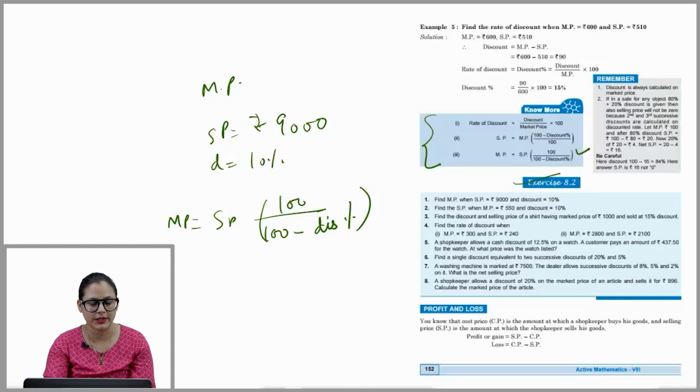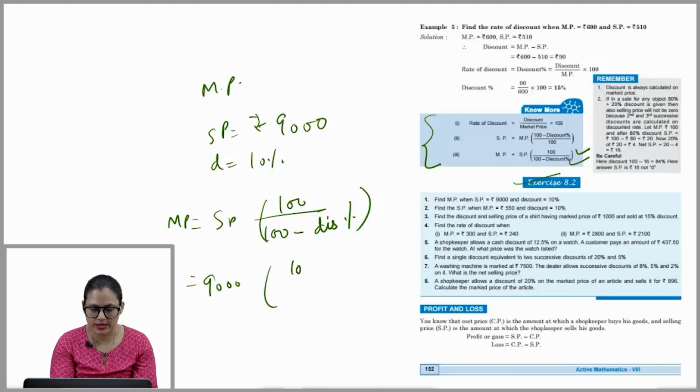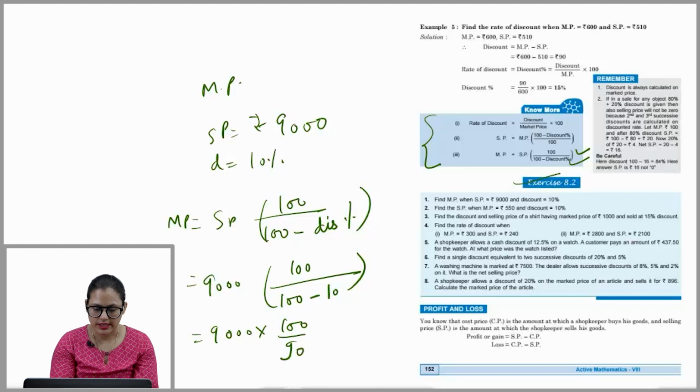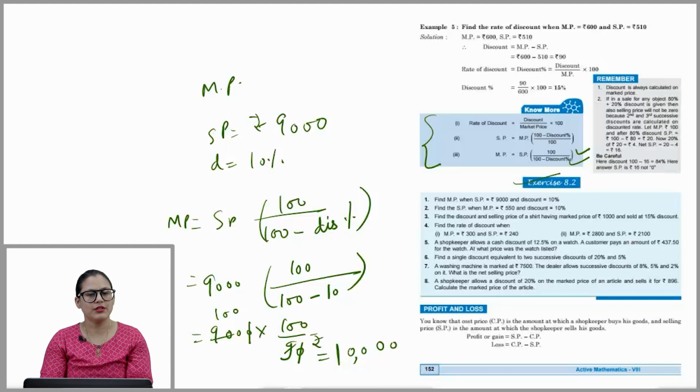So SP is 9,000, into 100 upon 100 minus 10, that is 90. So 9,000 into 100 upon 90. Zero, zero goes, and 100. 1, 2, 3, 4. So the marked price is 10,000 rupees.